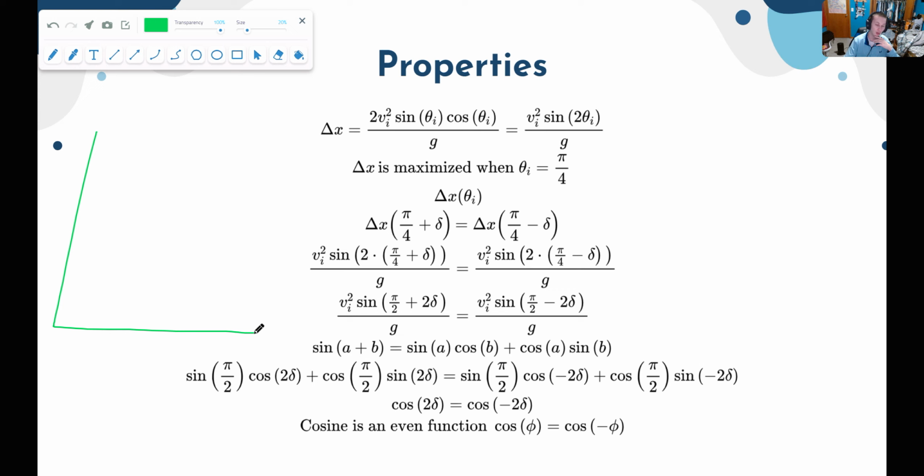The range is the same, but the time it takes to get there is not the same. So if I launch something like this, and I launch something like this, the time for the one that's going higher is going to be greater than the one that was zinged low. They end up in the same place, but the time to get there is not necessarily the same.